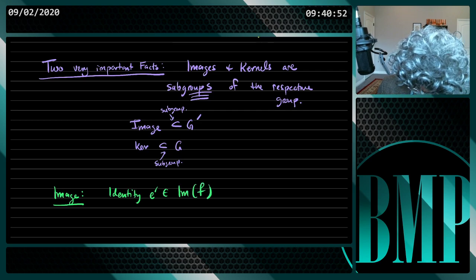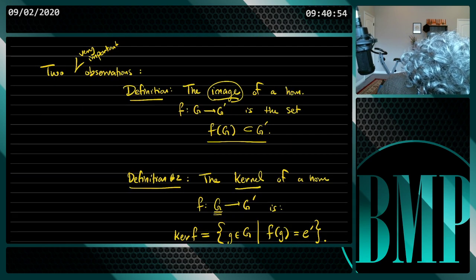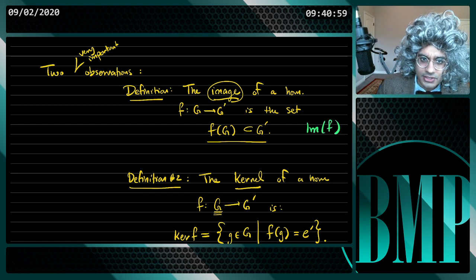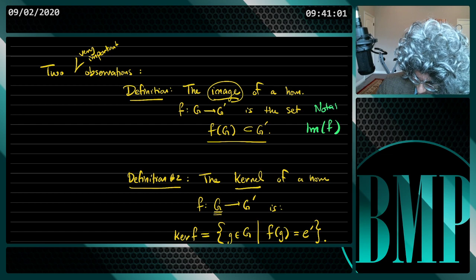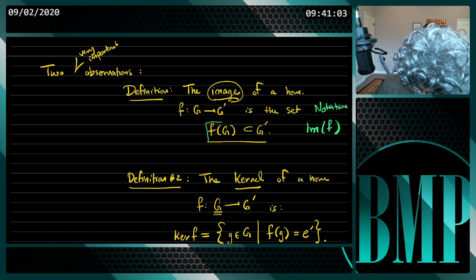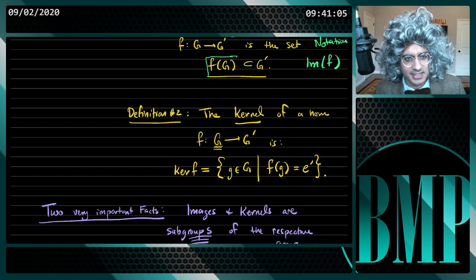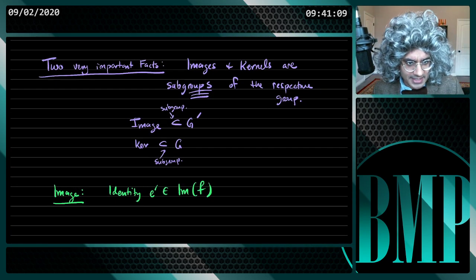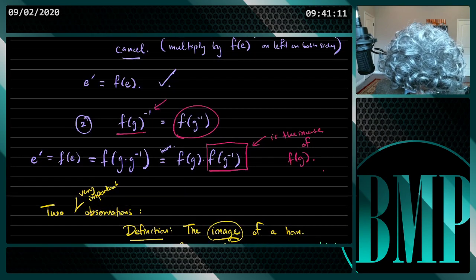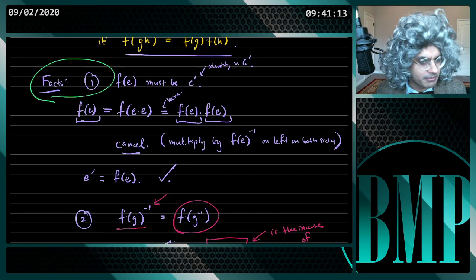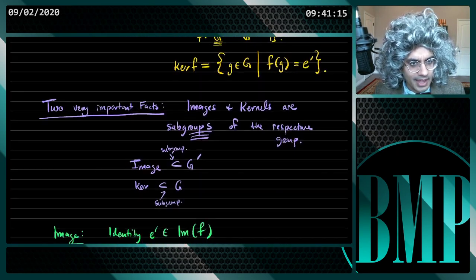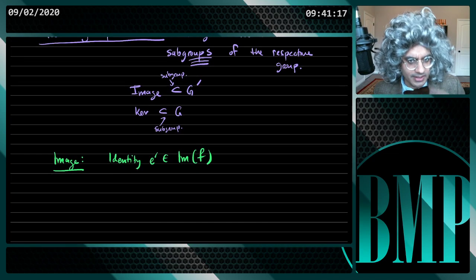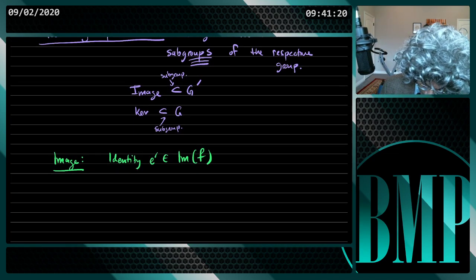We call it image of f. That's notation. We also use image of f as notation, but you can just also use f of G as a name for image too. The identity is in the image because of fact number 1 here. All right? f of e is the identity. So identity is an output. Great.